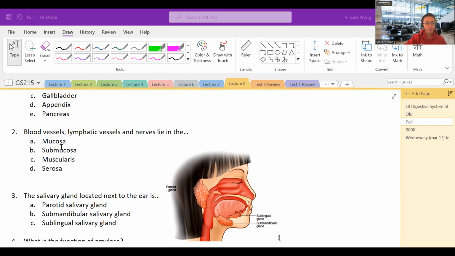Most of you got it right. It's the submucosa. The mucosa is the layer that's touching the food, with no blood vessels or lymphatic vessels there. Muscularis is where you will have the smooth muscle that helps propel the food. So blood vessels, lymphatic vessels, nerve endings, that's going to be in the submucosa.